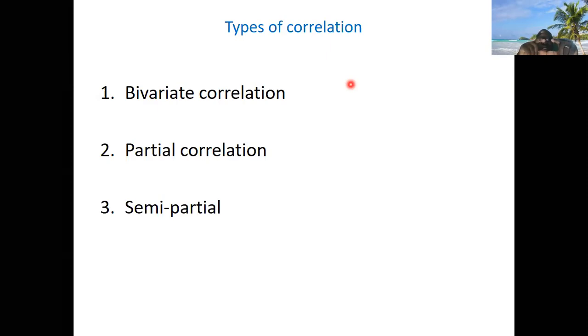We call it partial correlation. For example, if you correlate the percentage of class attendance with mark score.